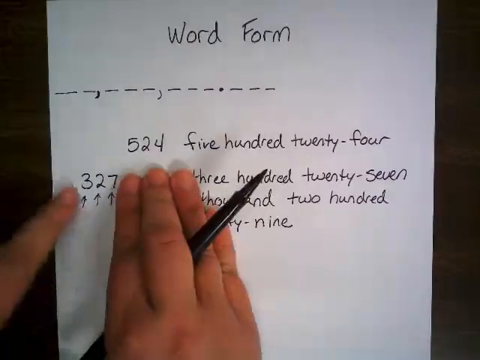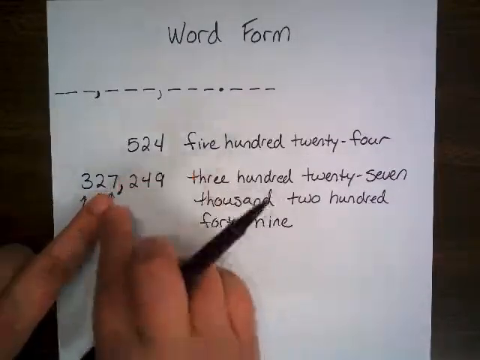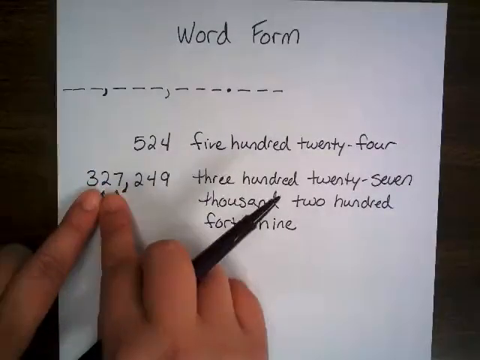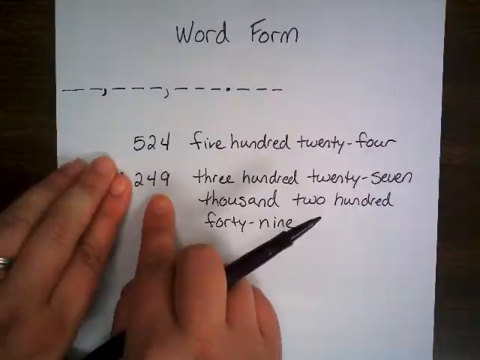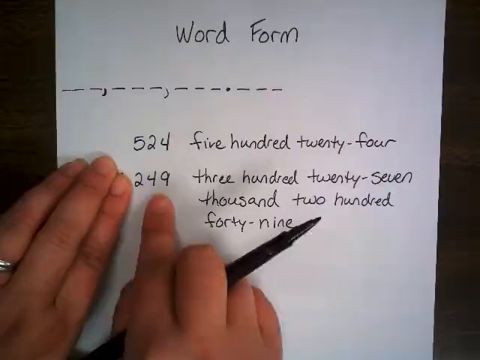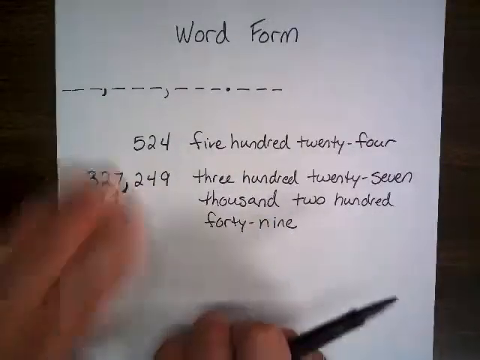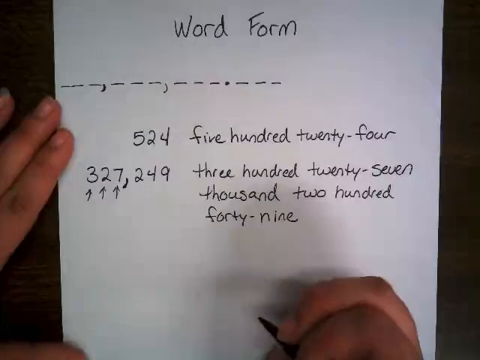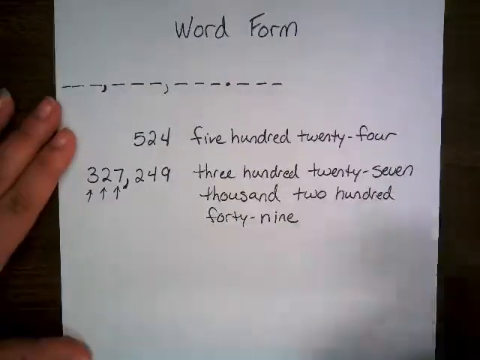We had a group of 3, 327, and then I have that comma there to indicate that these were actually in the thousands. And then I have this group of 3, 249. Now, let's say I don't have enough to make a full group of 3.